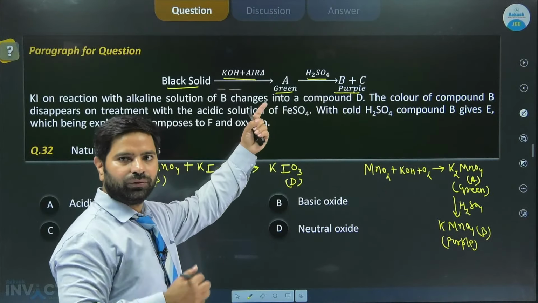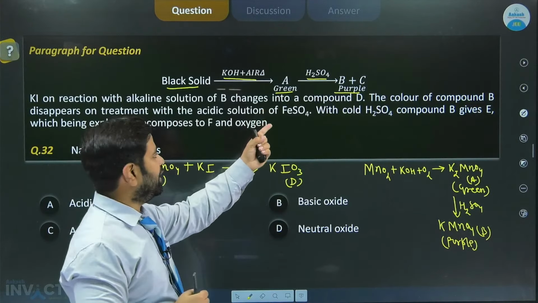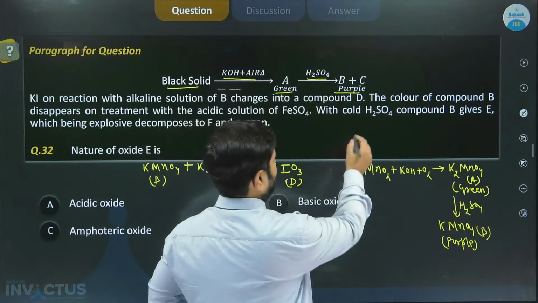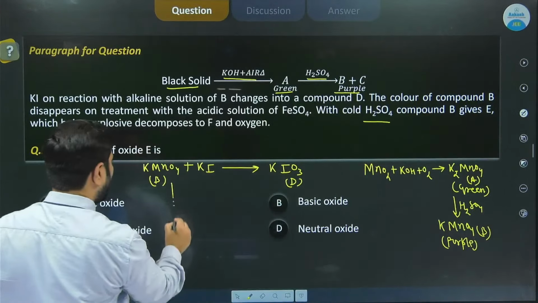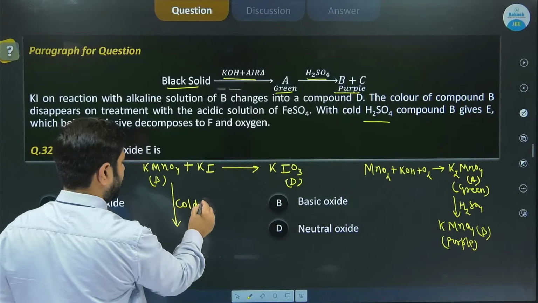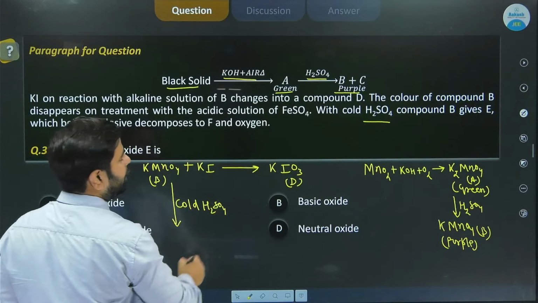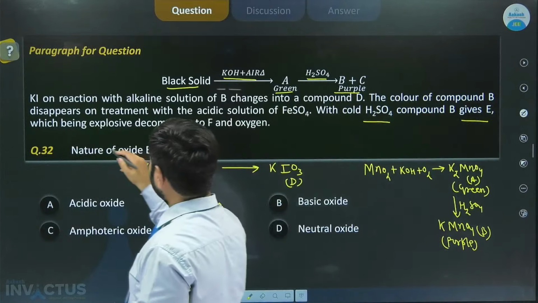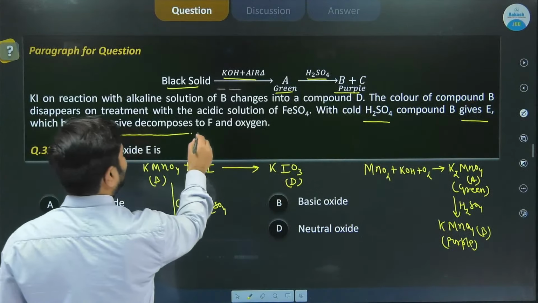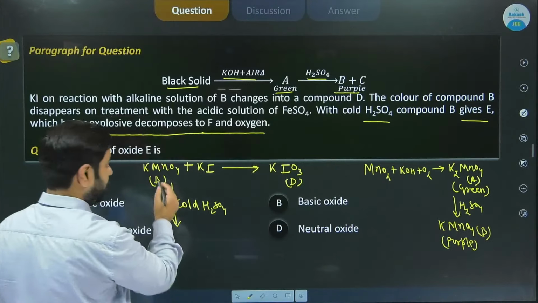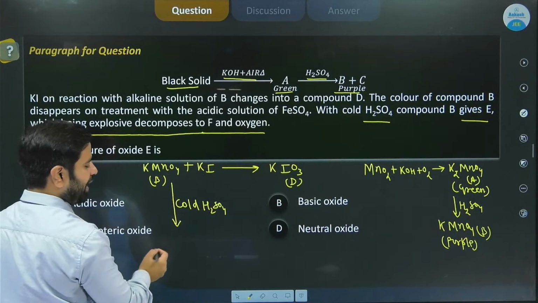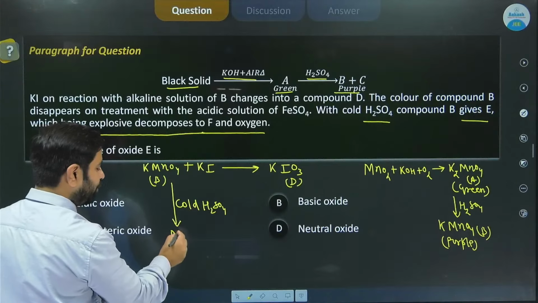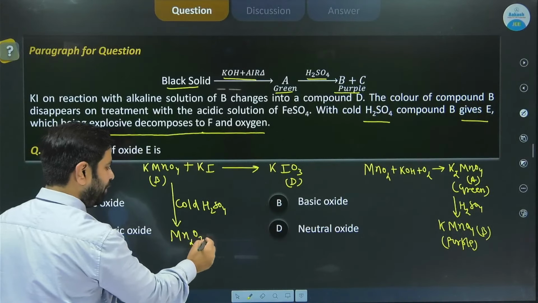We know FeSO4 will oxidize to Fe3+. With cold H2SO4, what would happen? Compound B gives E, which on explosive decomposition gives F and oxygen. KMnO4 on reaction with cold H2SO4 provides the acidic oxide Mn2O7.